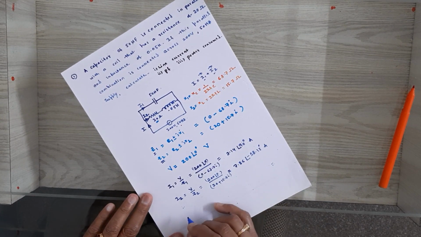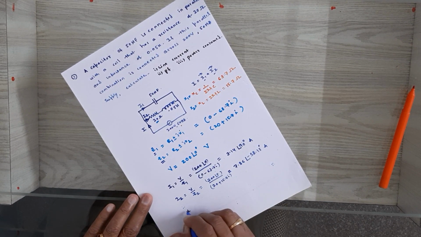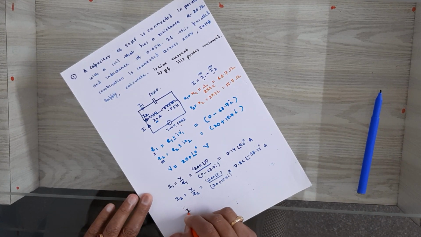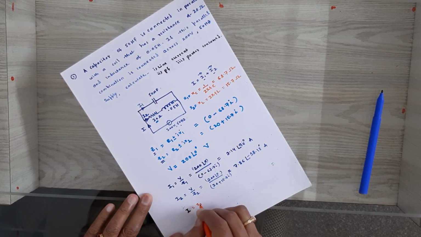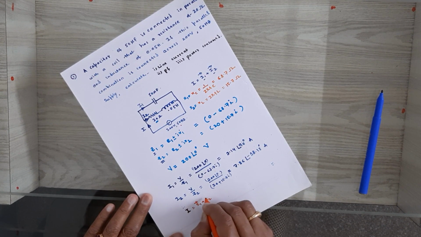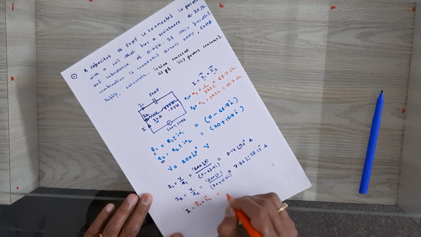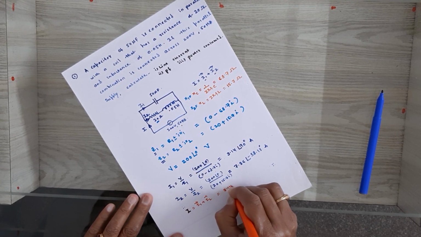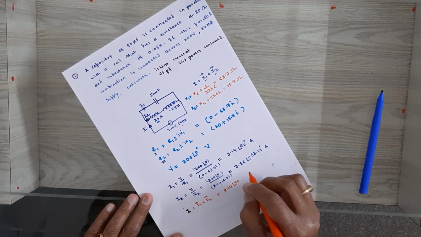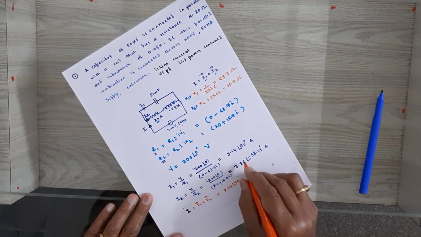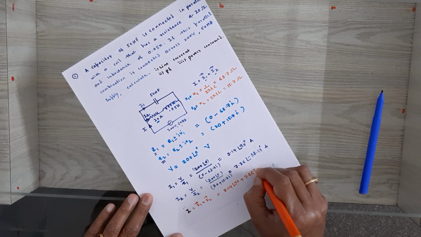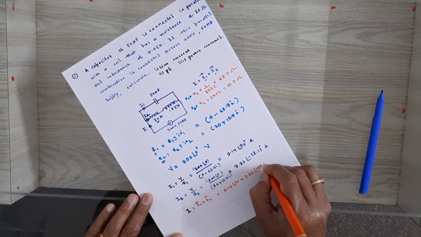The next step is you have to find out what is total current. That is total current I. Total current I is the phasor sum of I1 plus I2. The same thing you can do here. I1 is 3.14 an angle of 90 plus I2 is 7.86 an angle of minus 38.13.